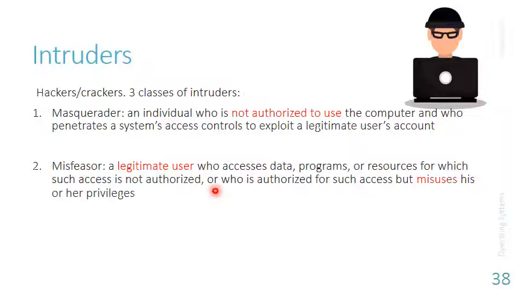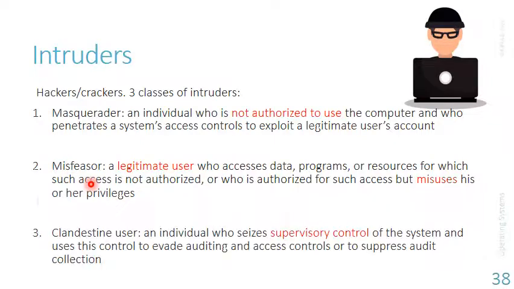Or sometimes it happens as well, and you should be aware of that, even administrators, although they have access to basically anything in a computer, are not allowed to go ahead and check the information and data of other users without their authorization. So basically, sometimes administrators do misuse their privileges. Misfeasor.